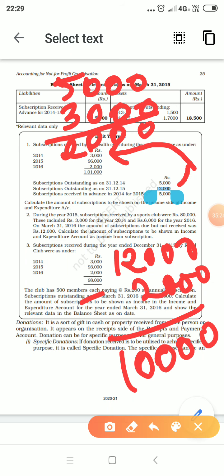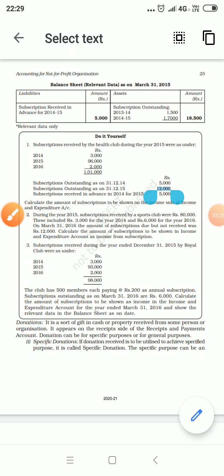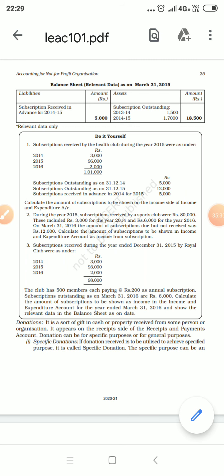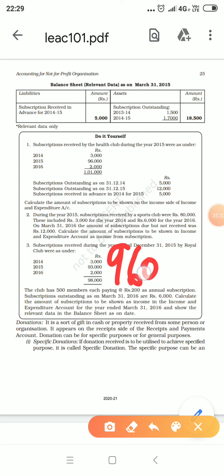Okay, is this clear? Now with this 96,000 we have to add current year's outstanding subscription, 10,000. Then we have to add previous year's advance which belongs to current year, that is 5,000.